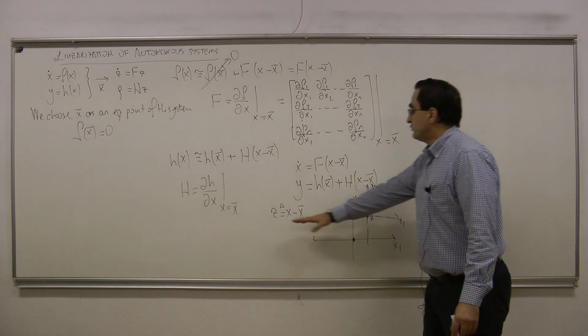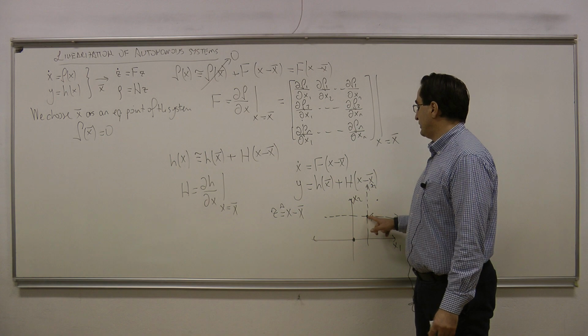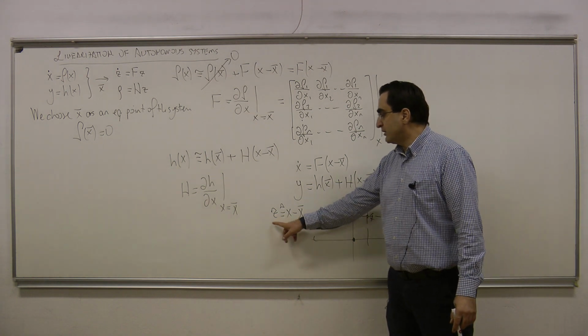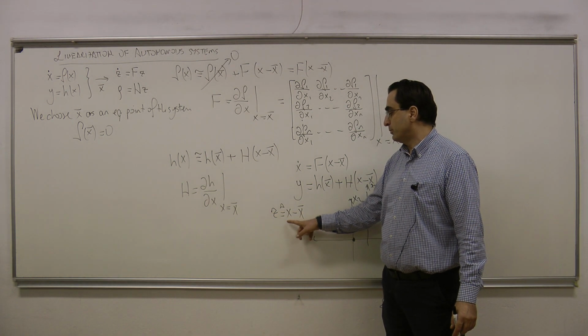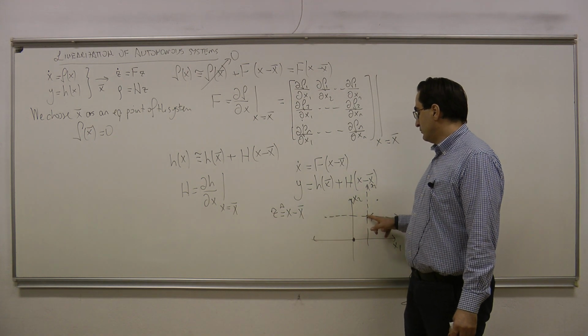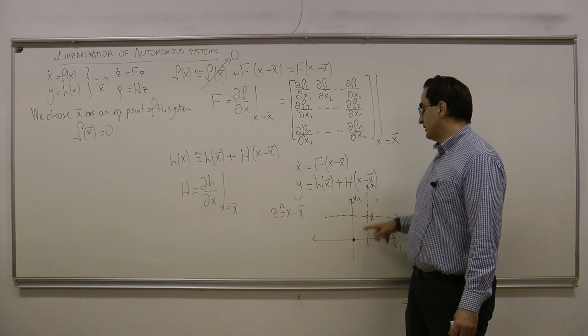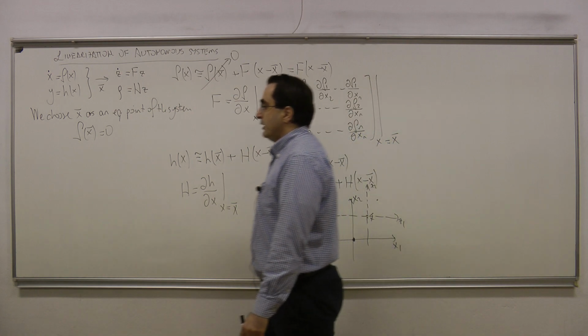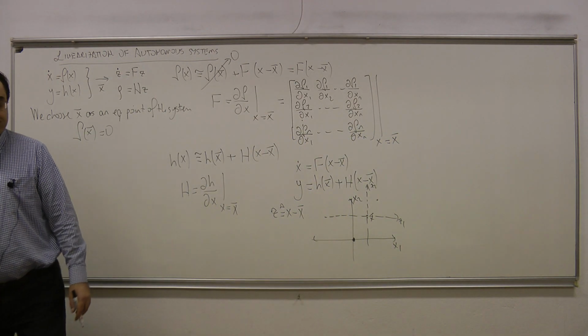So the origin of the z coordinates would be the equilibrium point. Why is that? Because z equals 0 corresponds to x equals x bar, which means that the origin of the z plane would be the equilibrium point.